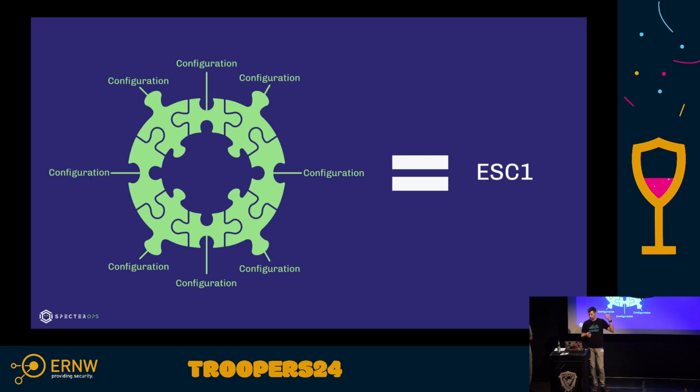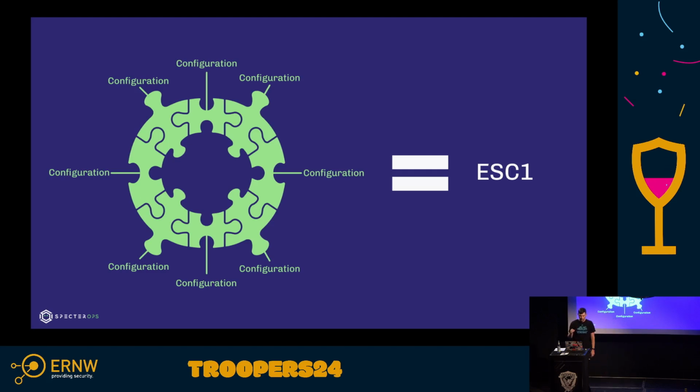As you saw with the composition graph that we were expanding out, at least 5 different objects are involved in the emergence of escalation 1. You can think of those as different puzzle pieces, and they all fit together to create escalation 1. With escalation 1, those configurations are already in place, and escalation 1 is possible right now.